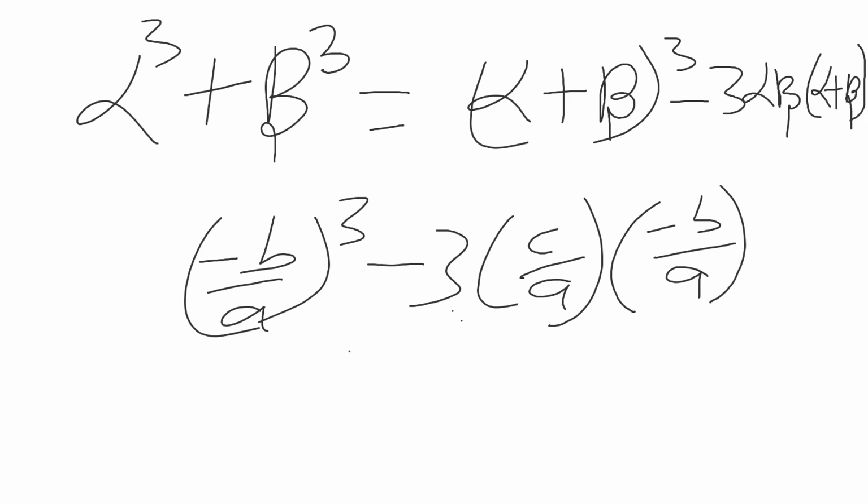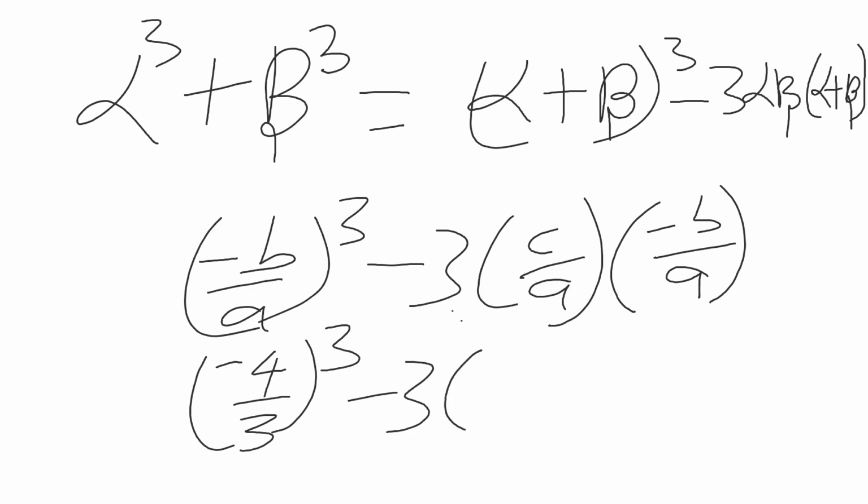What is b? Negative 4 over 3. Hope you know where we're getting these numbers. C is negative 5, times negative 5 over 3.